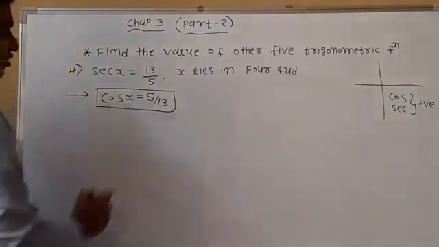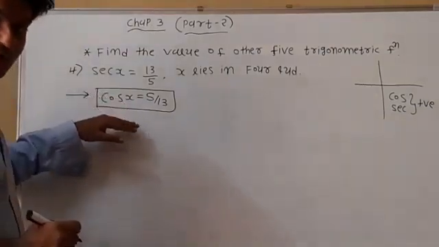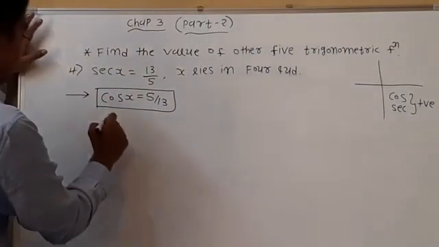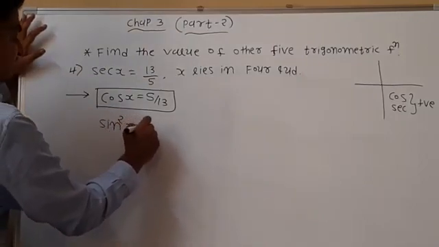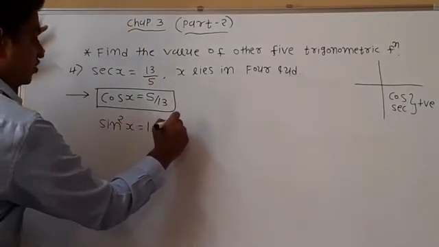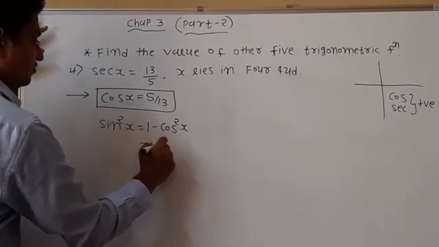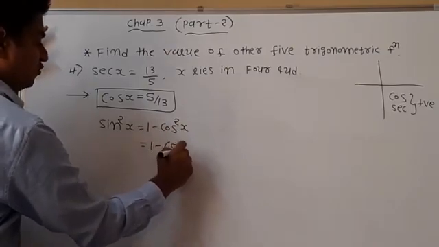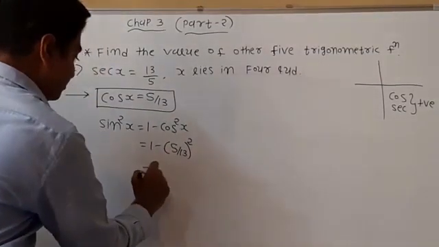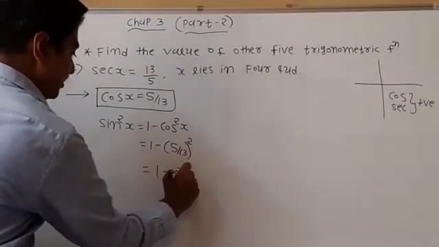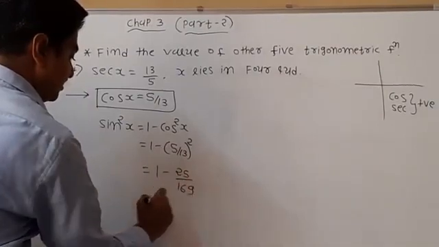Now after using cos x, we can find the value of sin x. So sin square x is equal to 1 minus cos square x, which is equal to 1 minus 5 by 13 whole square, which is equal to 1 minus 25 upon 169.